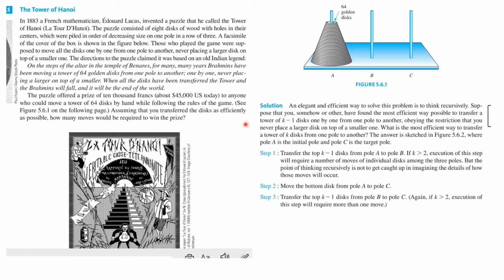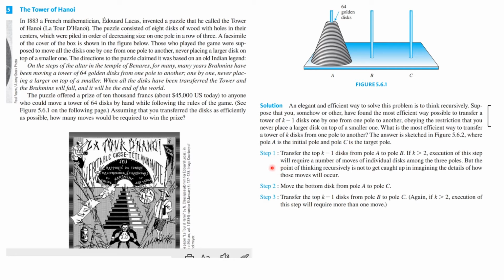Suppose that you somehow had found the most efficient way possible to transfer a tower of k-1 discs, one by one, from one pole to another, obeying the restriction that you never place a larger disc on top of a smaller one. What is the most efficient way to transfer a tower of k discs from one pole to another? The answer will be sketched out when we look at this figure, where pole A is the initial pole and pole C is the target pole.